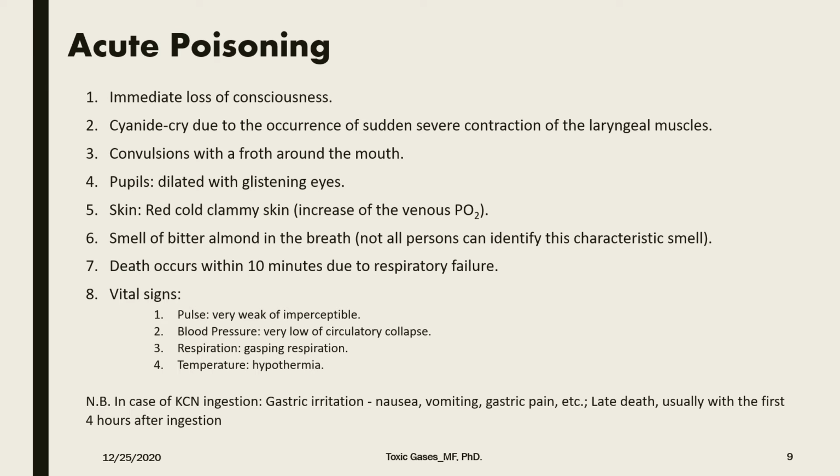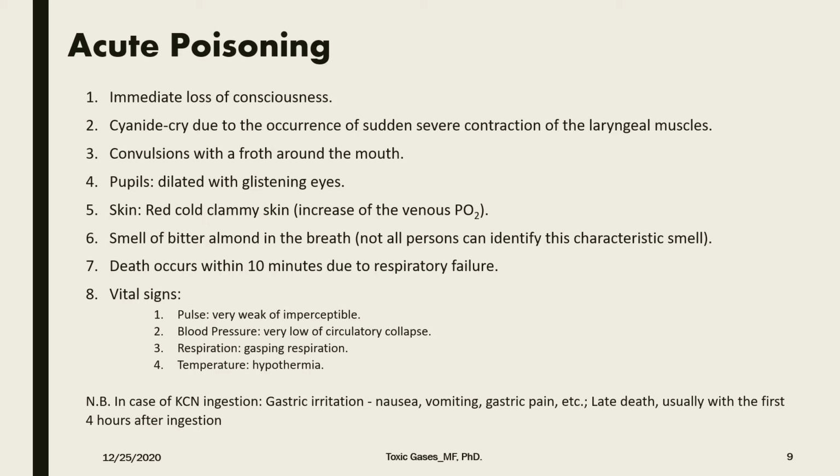When we speak about the manifestations of acute poisoning, it will be in the form of immediate loss of consciousness. There is a characteristic cry, called the cyanide cry, due to sudden severe contraction of the laryngeal muscles, which leads to a very high-pitched voice of pain, and convulsions with froth around the mouth.